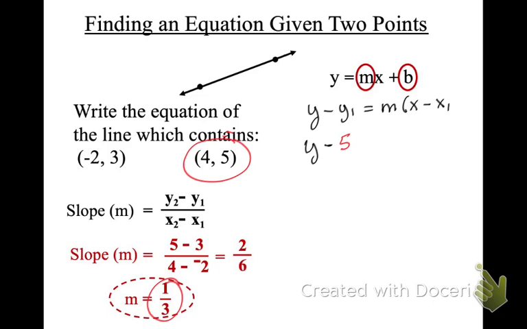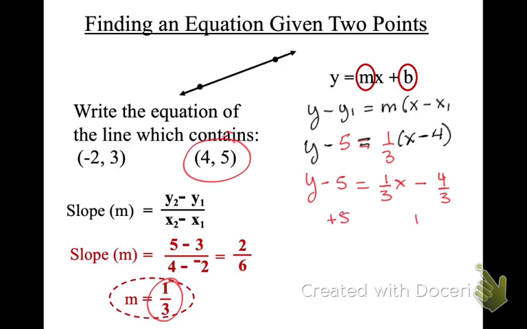I don't need both points, just one, equals m, which is 1/3, and then x minus the other coordinate, which is 4. So here we go. y minus 5 equals 1/3 x minus 4/3. Now the problem is I've got to get y alone.